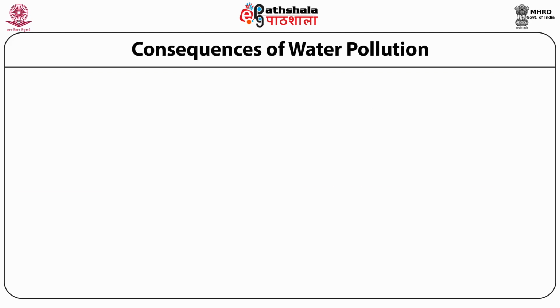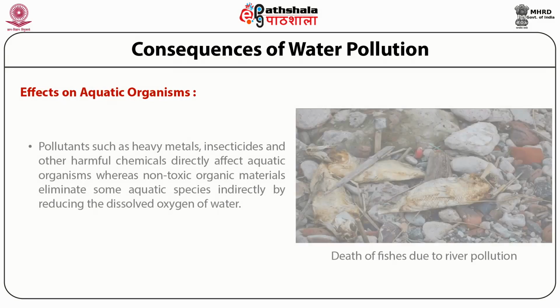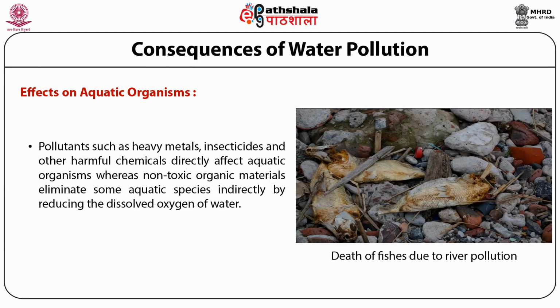Consequences of water pollution. First, effect on aquatic organisms. Pollutants such as heavy metals, insecticides, and other harmful chemicals directly affect aquatic organisms, whereas non-toxic organic materials eliminate some aquatic species indirectly by reducing the dissolved oxygen of water.